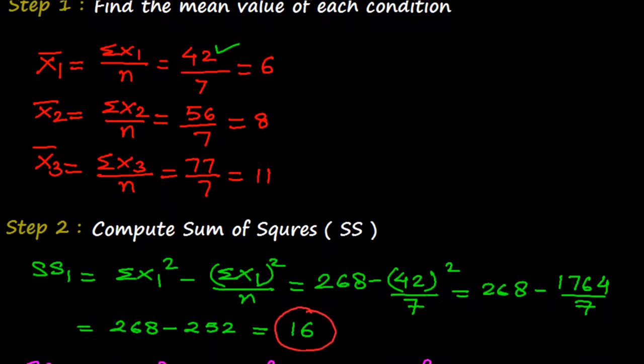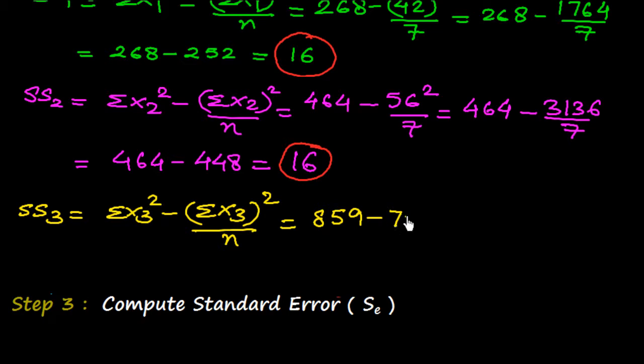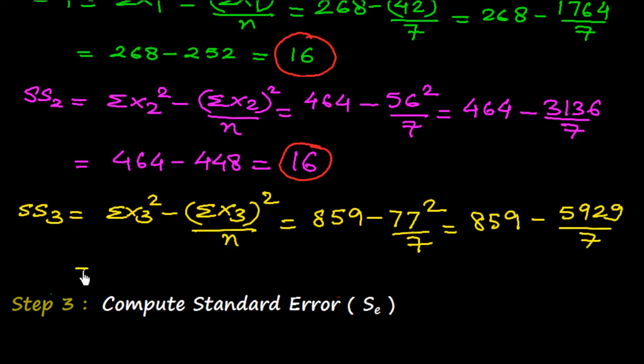So we write down here 77 square over 7. So we get here 859 minus the square of 77, which is 5929, divided by 7. Finally we get here 859 minus, if we divide 5929 by 7, we get here 847, and the difference of 859 and 847 is 12. So we have got SS3. Now we have got all SS1, SS2 and SS3.